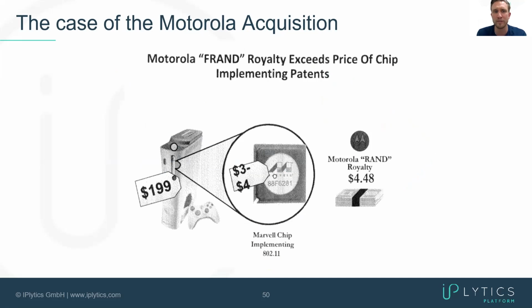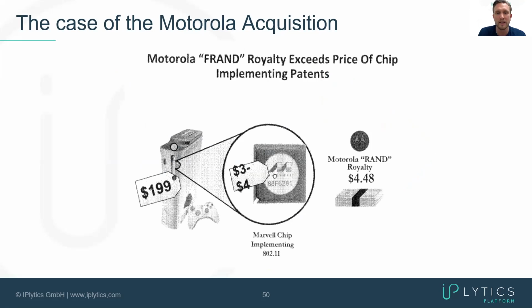What happened afterwards, since Google owned Motorola, in particular the Motorola patents, which were a lot of standard essential patents in the cellular space and the wireless space, meaning Wi-Fi and 3G and 4G technologies, they directly went after Microsoft. Microsoft is using Wi-Fi patents in their Xbox device, and they were asking for high royalties.